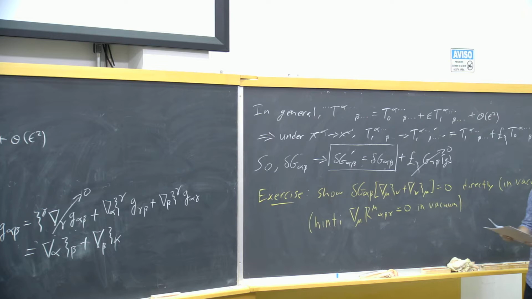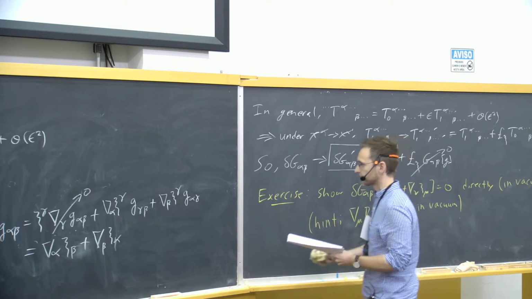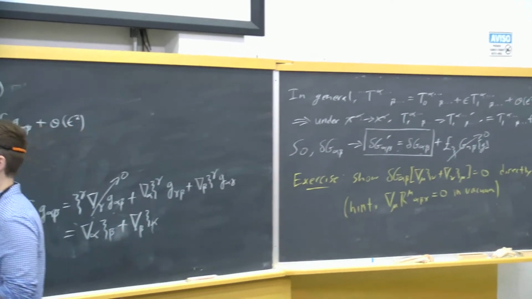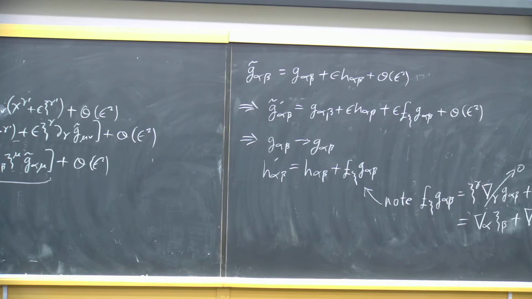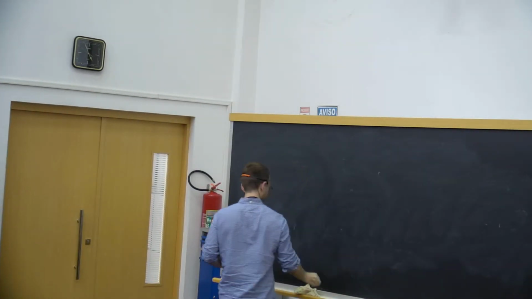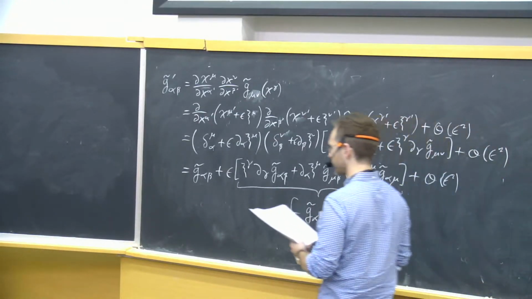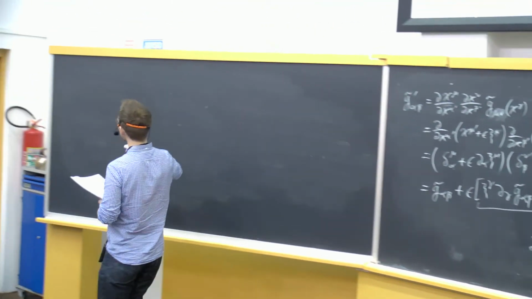No? All right, so now we're going to use this gauge freedom to write the linearized Einstein equation in a slightly different form. All right, so an example of this gauge freedom.